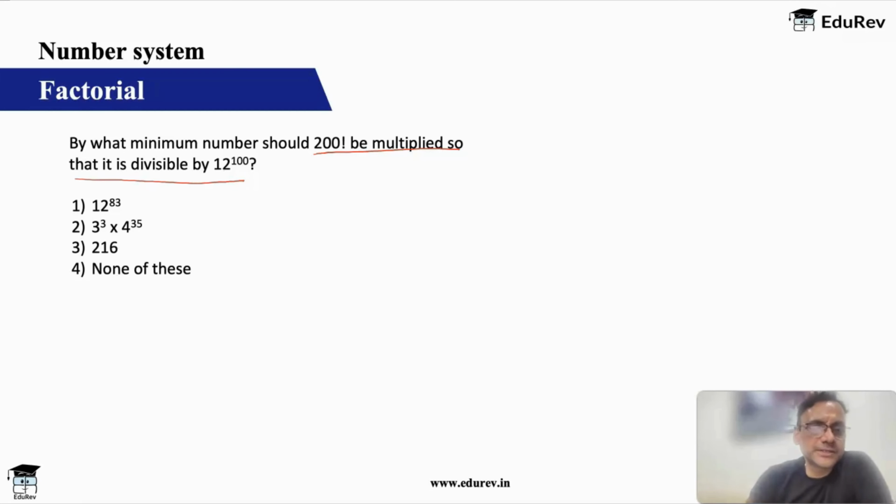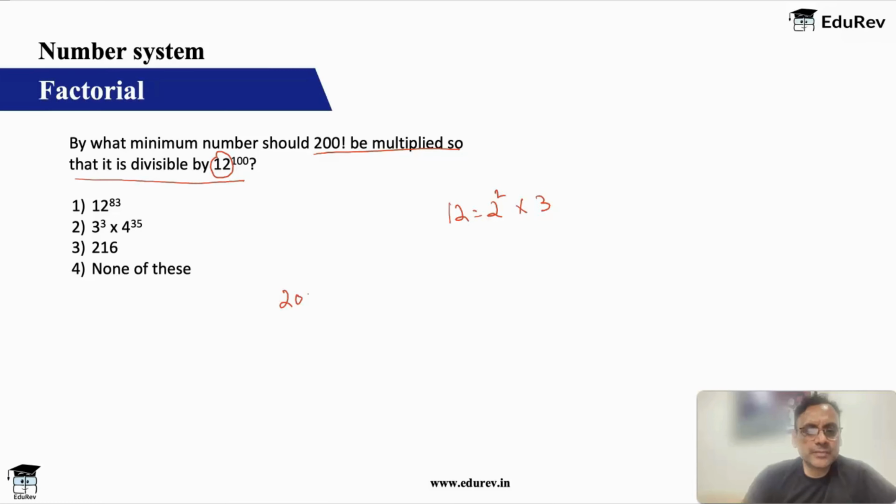Okay, first, it has to be divisible by 12 to the power 100. 12 is a composite number. So 12 is equal to 2 square into 3. So you'll have to check the availability of 2 square and you'll have to check the availability of 3. Right?